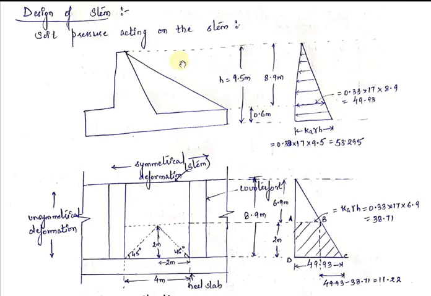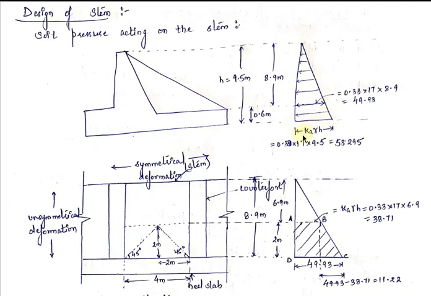First we need to see what forces are acting on the stem. There is only one force which acts on the stem apart from its self weight, which is soil pressure. We know that the soil pressure distribution diagram is a triangular distribution, which is like this: zero value at the top and maximum at the base of the retaining wall.